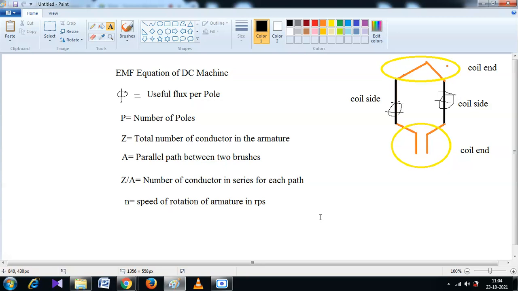Danish, what is it? Disconnect again. What is the full form of RPM? Tell me, what is the full form of RPM?